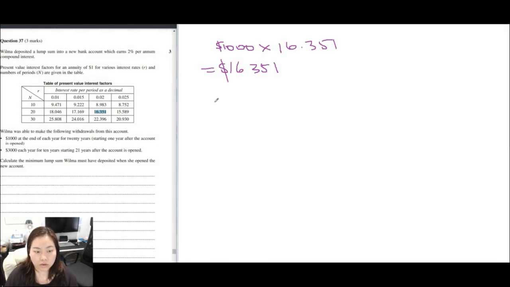Then, for the $3,000 starting on the 21st year, that $3,000 would be sitting in the account for the first 10 years, just gaining interest.